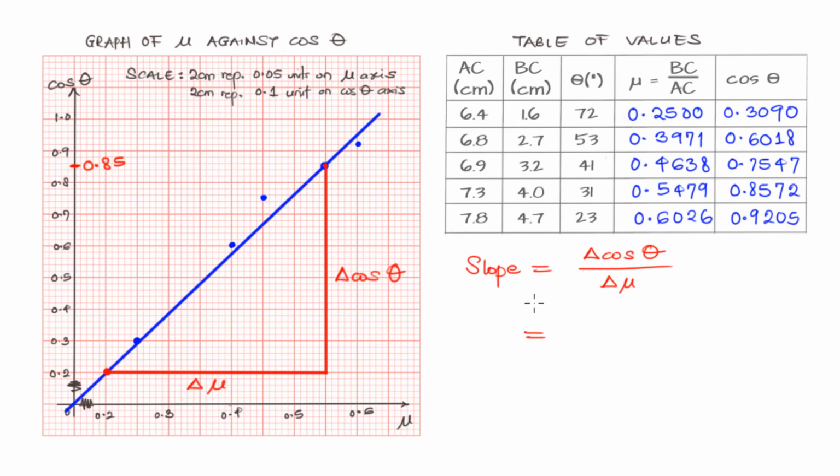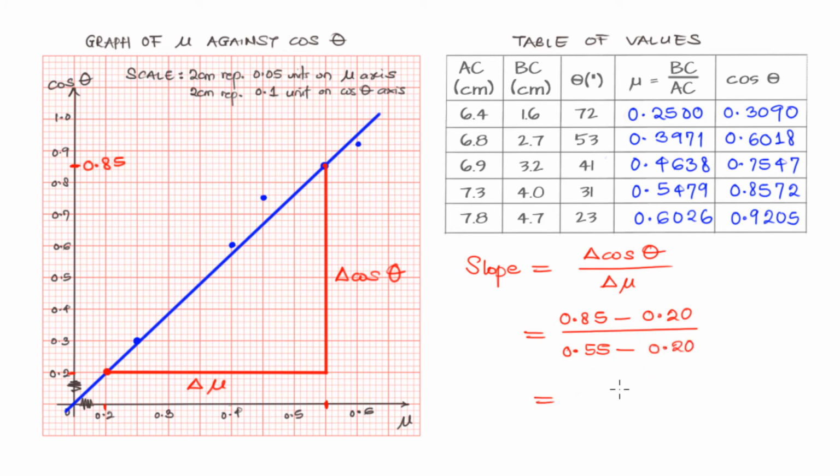So my slope will be, change in cos theta, 0.85 minus 0.2, divided by the change in mu. The values for mu here are 0.55 and 0.20. So I have 0.55 minus 0.20.